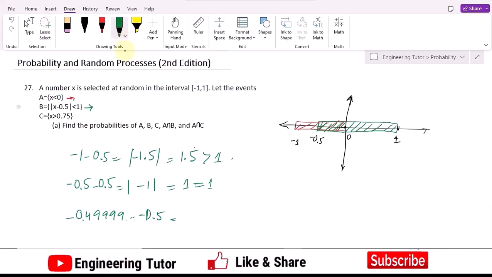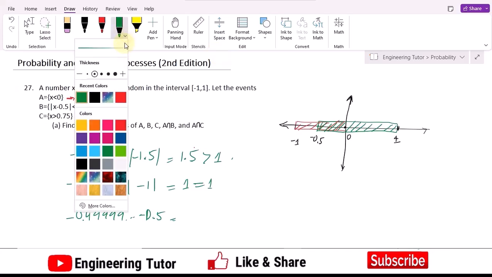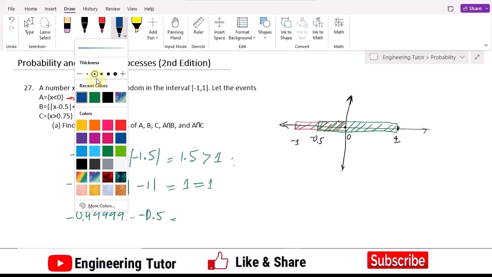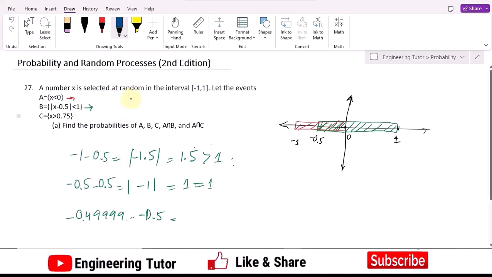Similarly, in order to represent event C, let me use another color, and that is blue. Event C is x greater than 0.75.